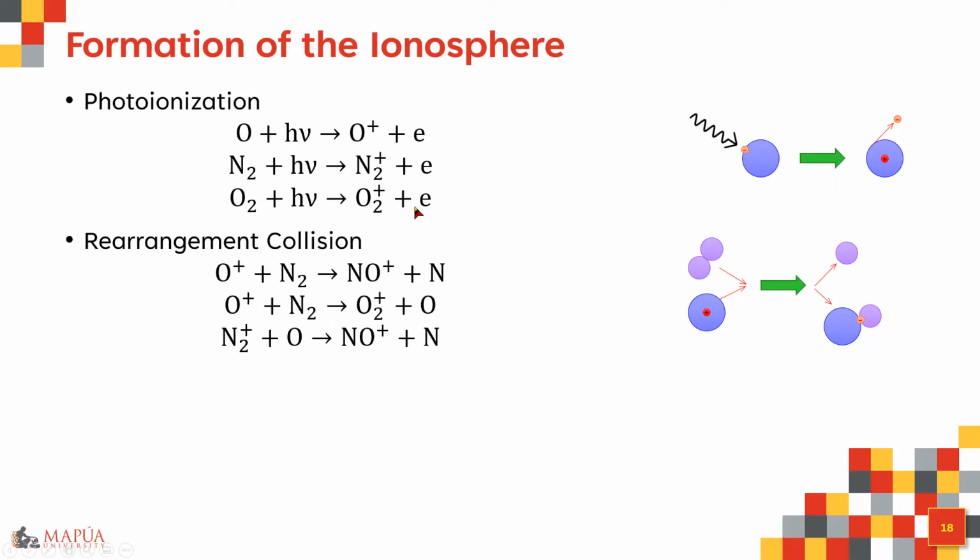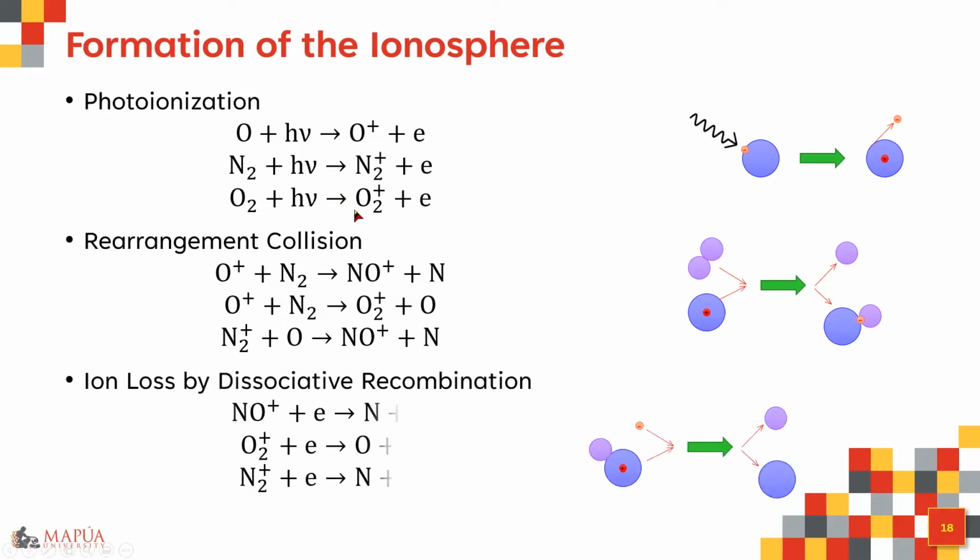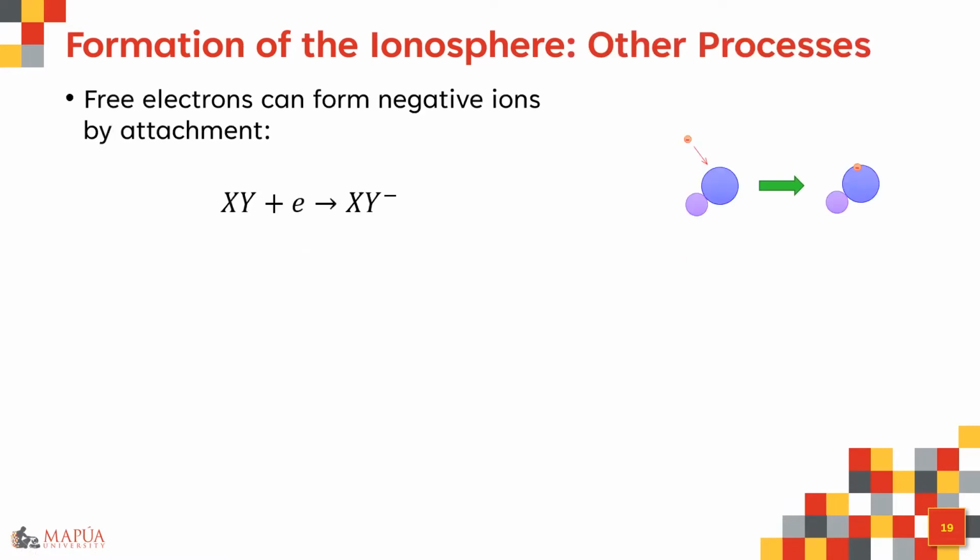Of course, you also have ion loss by dissociative recombination. When these positively charged ions recombine with free electrons, you form these atoms, which I already mentioned earlier. Okay, so these are other processes. Free electrons can actually attach, to some extent, to molecules. When they attach, that molecule will have an excess electron and therefore become a negatively charged molecule.